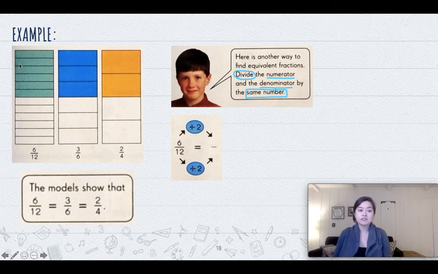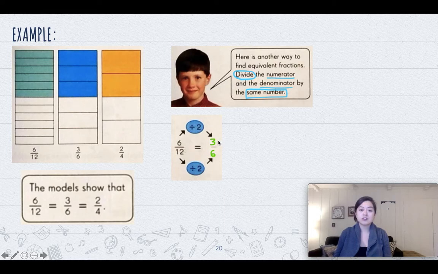We have 6/12, and I want to divide the numerator and denominator by the same number. Let's divide it by 2. 6 divided by 2 is 3. 12 divided by 2 is 6.